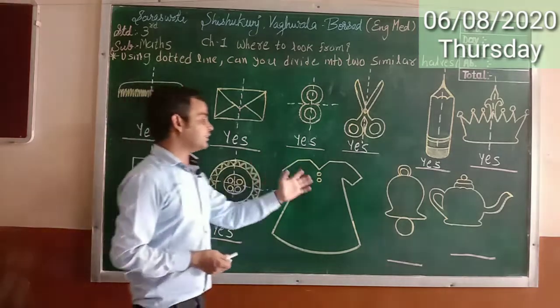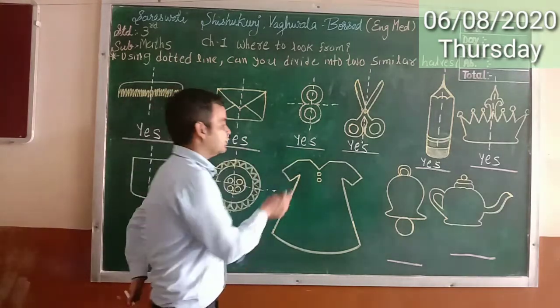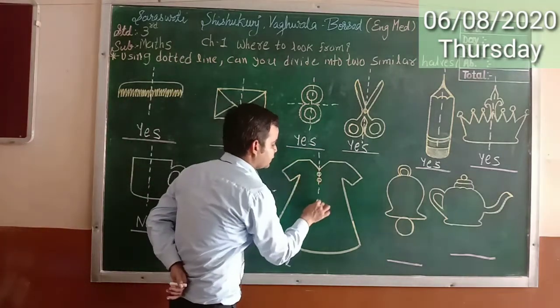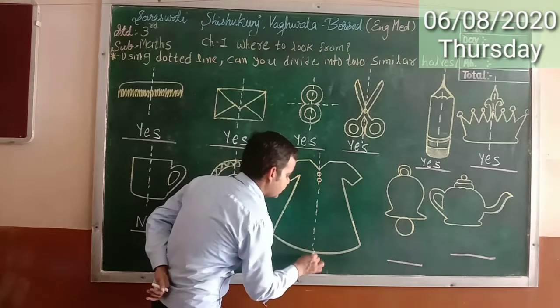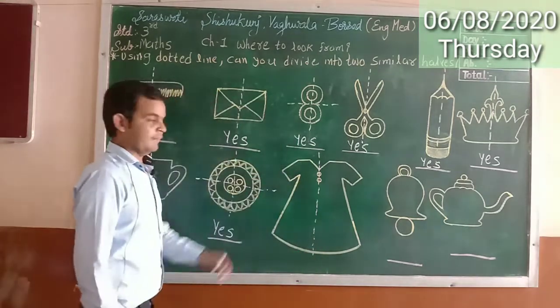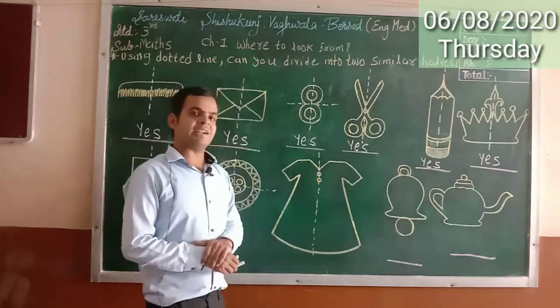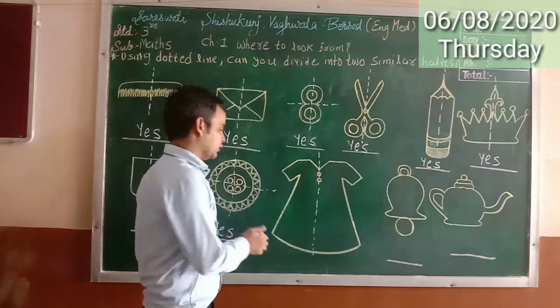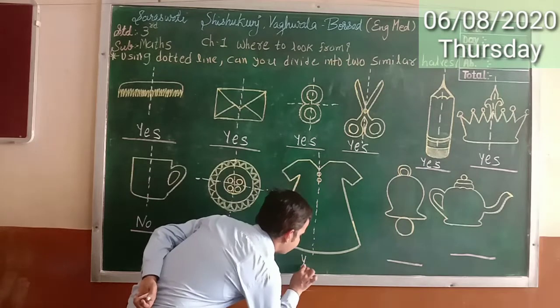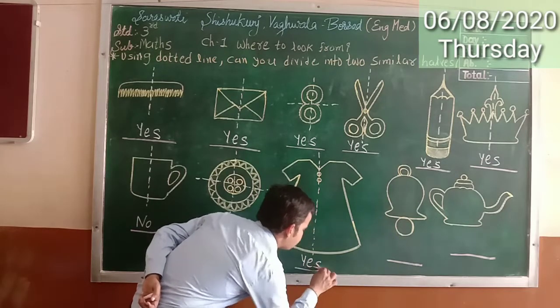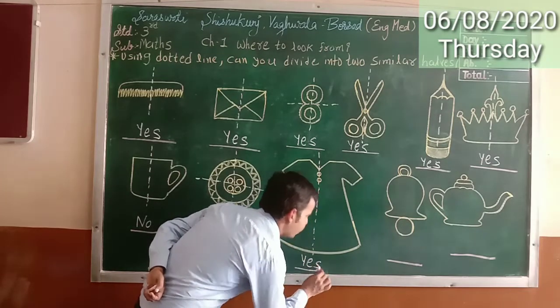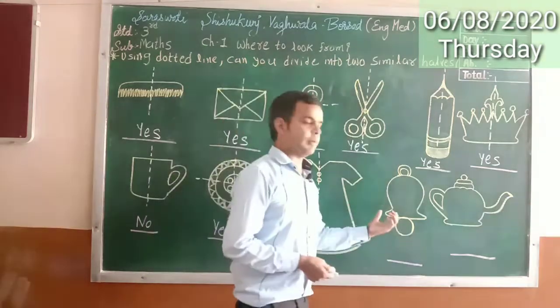Okay, now next one is frog. Here I divide this frog using a dotted line. If you observe, left side and right side, both sides are equal? Yes, so here our answer is yes. Okay, now next one is bell.